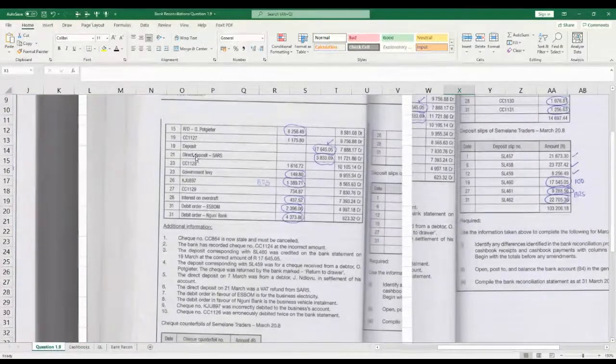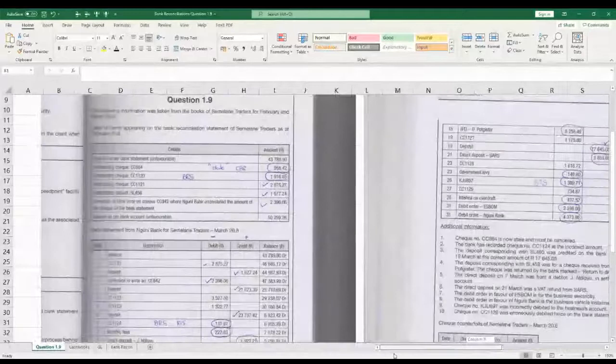Okay, then there was a deposit of 1764. Okay, and they tell you the deposit corresponds with SL460, was credited on the bank statement on 19 March with the correct amount of that. Okay, so it was shown in March only. We are busy with, okay, so that was Feb.